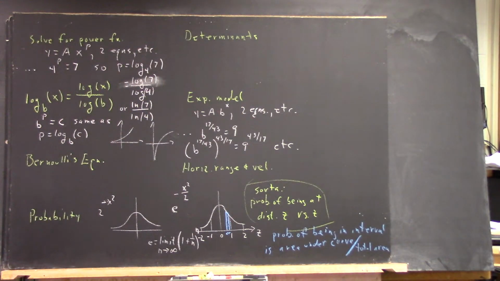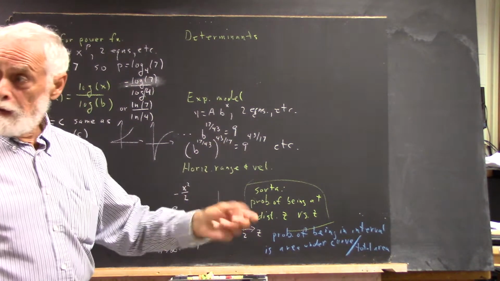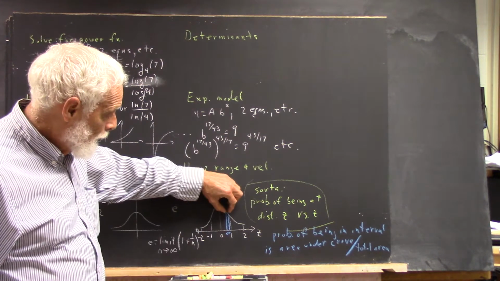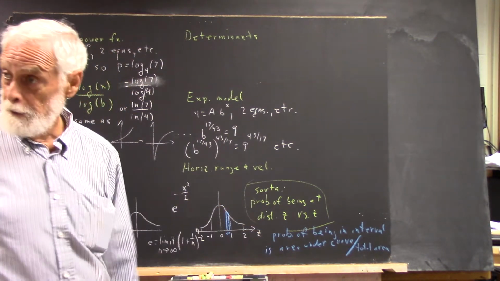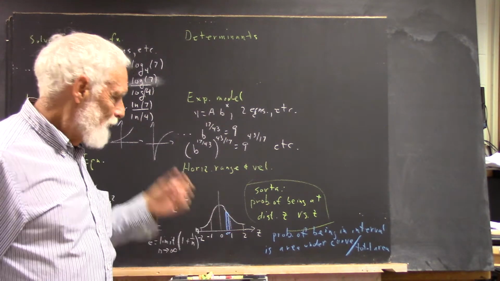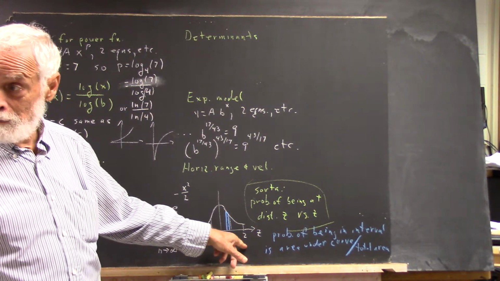All right? So the probability, if you keep doing this, the probability that you're going to hit within this interval is this area divided by the total area. In this curve, essentially, there's very little area outside of the interval from -2 to 2.